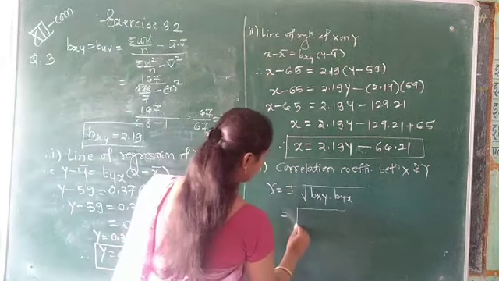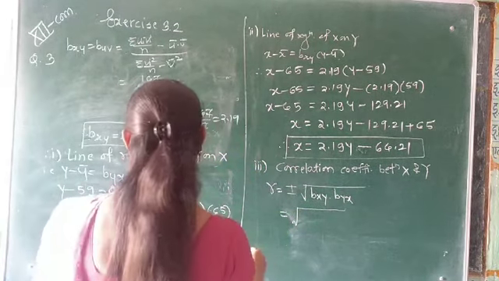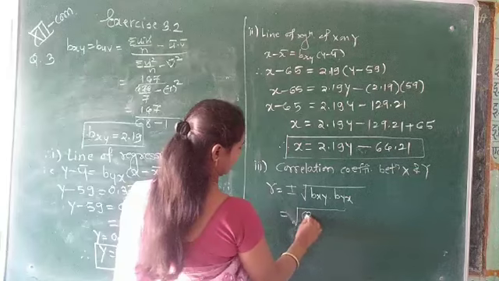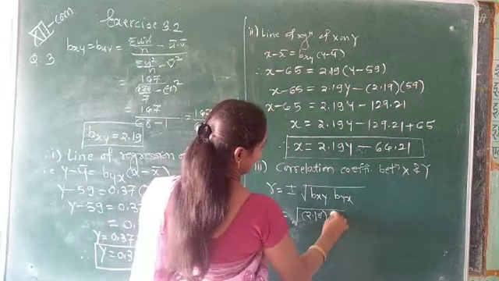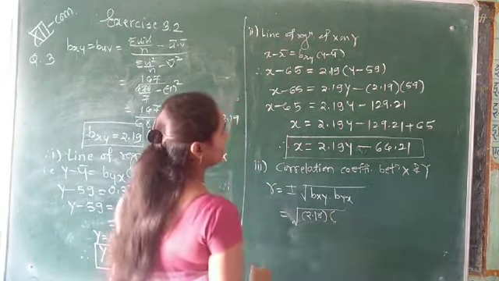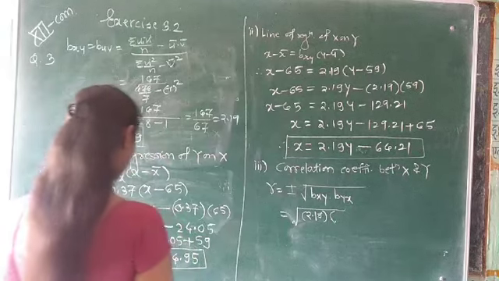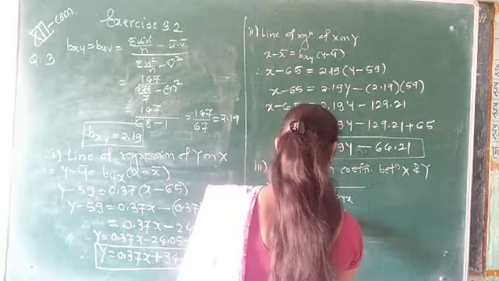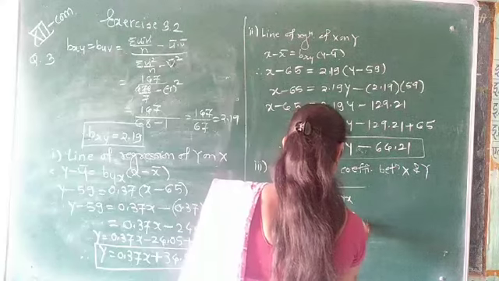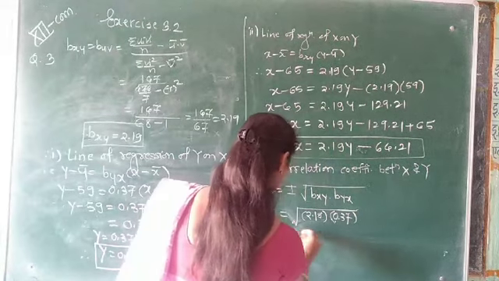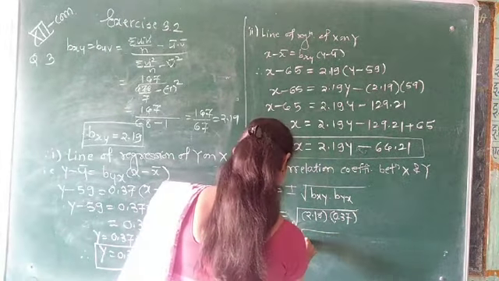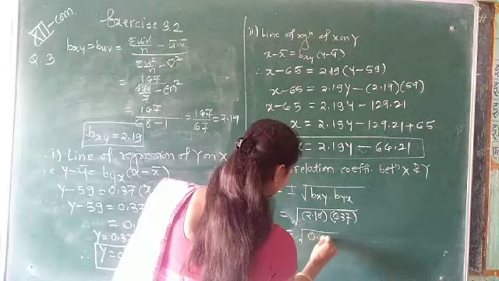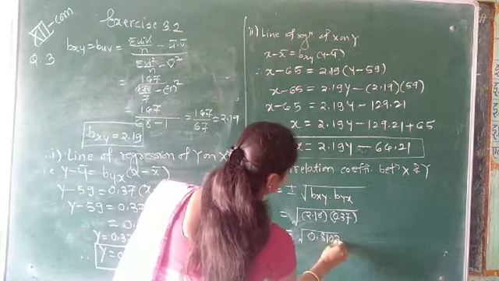What is the value of Bxy? The value of Bxy is 2.19, and the value of Byx is 0.37. If we take the product of these two, 2.19 into 0.37, then we will get 0.8103.